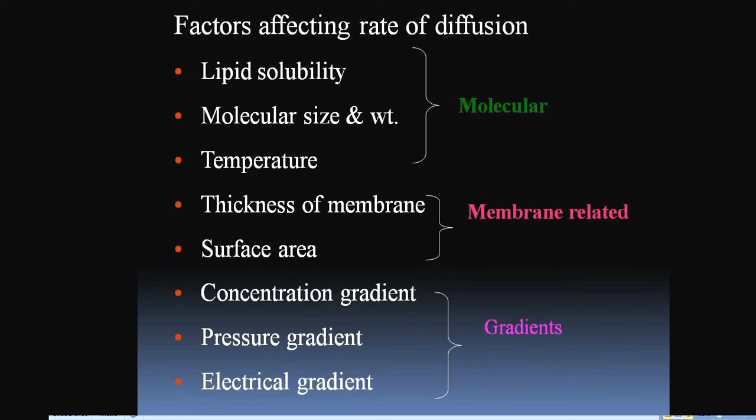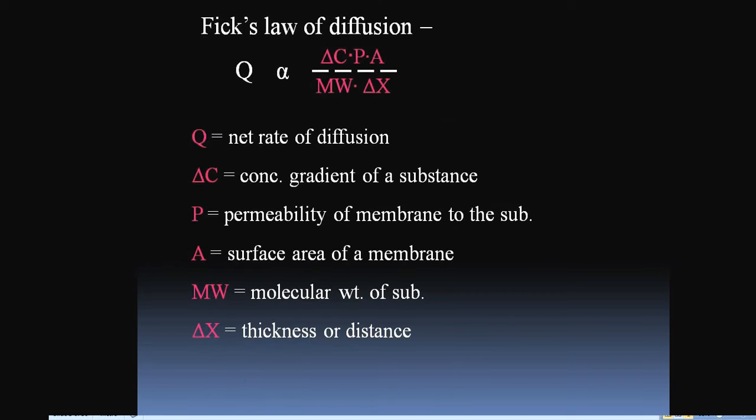Now the next point is the factors affecting the rate of diffusion. Basically these are divided into different groups: first molecular factors, second membrane related factors, and next gradient factors. Molecular factors include lipid solubility, molecular size, molecular weight, and temperature. Membrane related factors are the thickness of membrane and surface area. Gradient factors are concentration gradient, pressure gradient, and electrical gradient. Now Fick's law of diffusion is based on these factors.